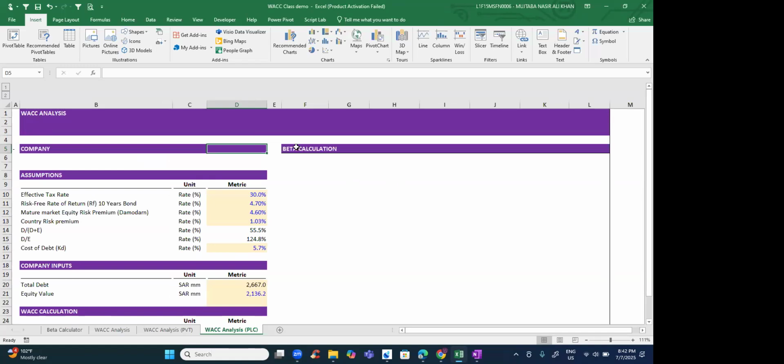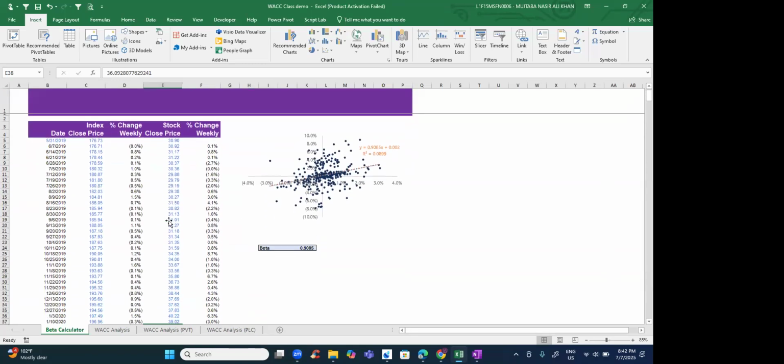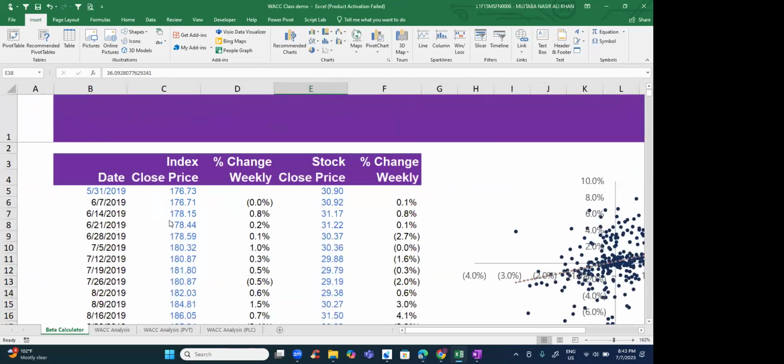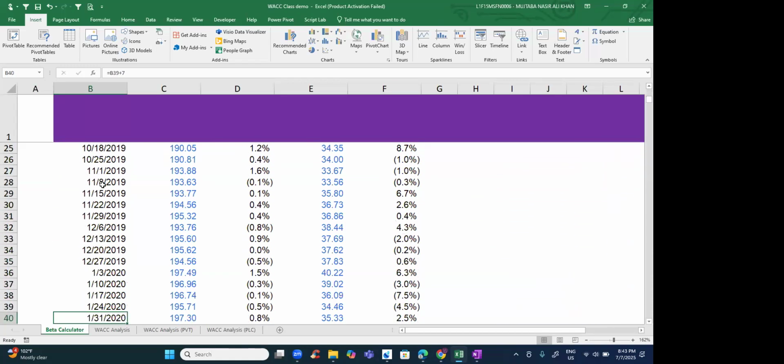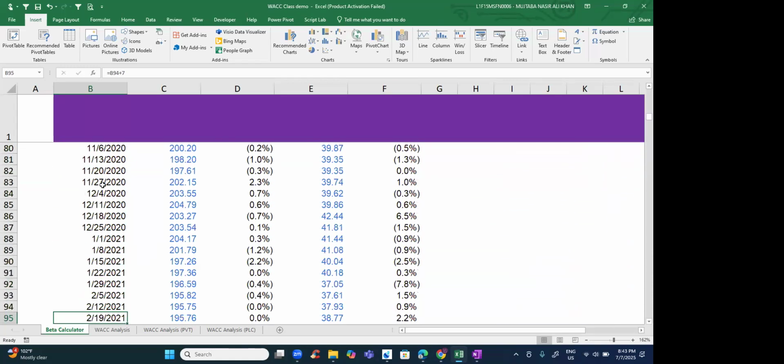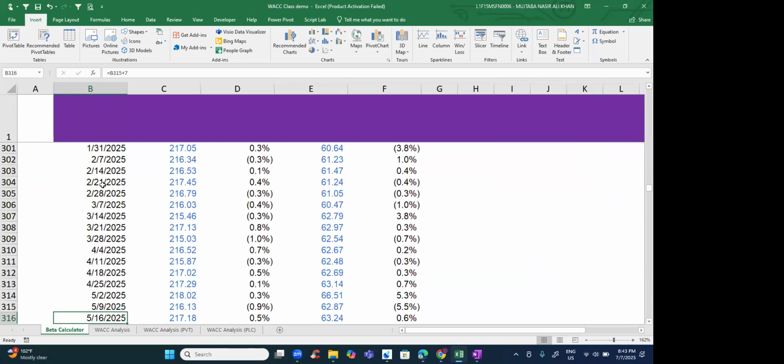For a publicly listed company, firstly, we will calculate the beta. So this is a beta calculator. I have taken data from 2019 onwards. This data is just assumed data, nothing is actual, and it is available till 2025.